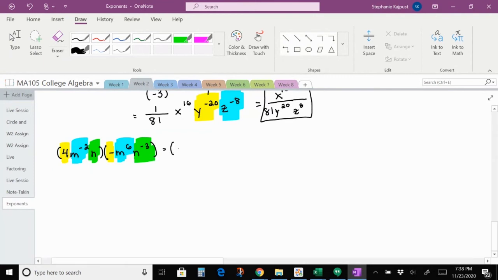So I can write this as 4 times a negative 1 from that negative in the second set of parentheses. And then I can put my m's together, m to the negative 2 and m to the 6th. And I can put my n's together, n, which does not have an exponent, so I can add an exponent of 1 there, and then n to the negative 3.